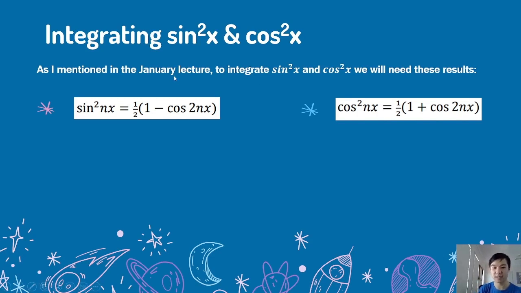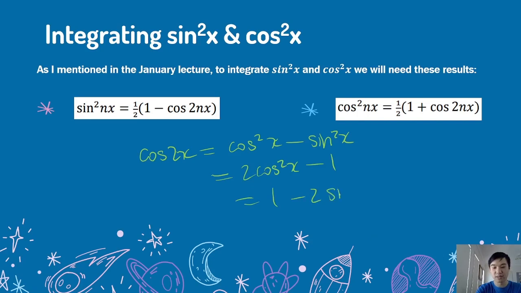So basically, remember with cos 2x, you can either write that as cos squared x minus sine squared x, which you can then further simplify. You could further manipulate using the Pythagorean trig identity as 2 cos squared x minus 1 or 1 minus 2 sine squared x.